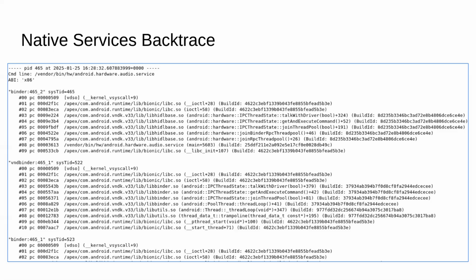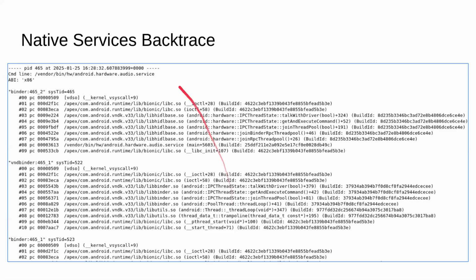But thanks to the native services backtrace, we could identify a binder thread where we could show them that the set parameters reached the audio HAL, and in fact, it was timing out in the audio HAL. The reason was that the audio HAL was taking a bit more time to come back from the suspend state to the resume state, and that is the reason why the audio flinger was crashing.